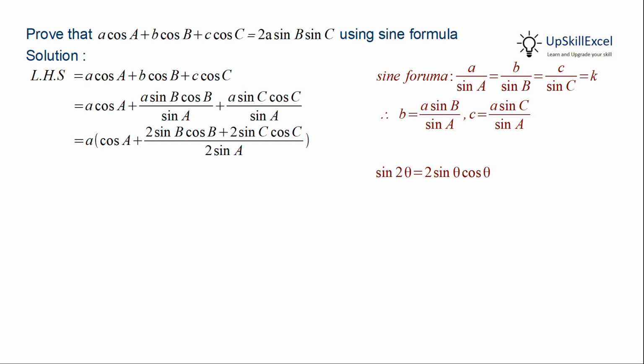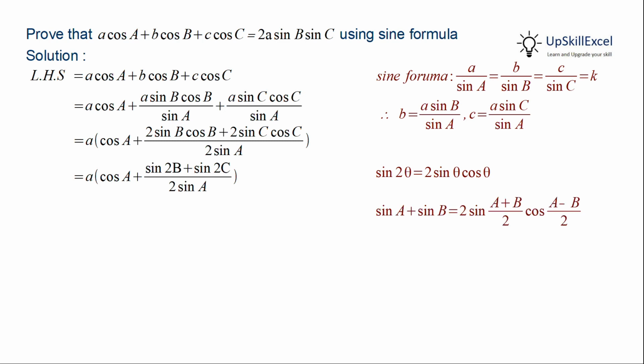So to apply the formula of sin 2 theta, we need to multiply the second and third term by 2 and simultaneously divide it by 2 also. After applying sin 2 theta, this gets simplified to a cos a plus (sin 2b plus sin 2c) by 2 sin a. For sin 2b plus sin 2c, we can apply the sum formula and replace it by 2 sin (b plus c) cos (b minus c).